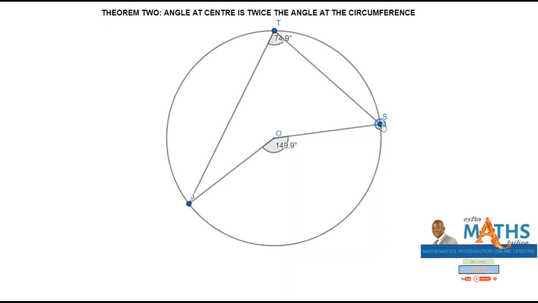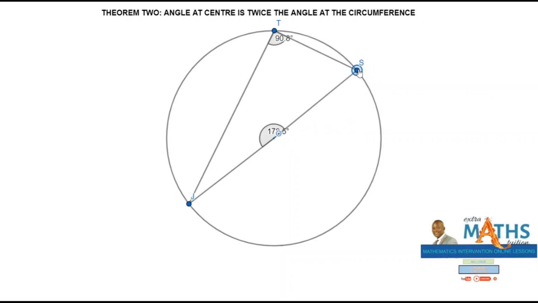Let us take it closer to 150. Do you see that if this angle is 150.4 degrees, this one is 72.2. It means this angle is twice the angle at the circumference.